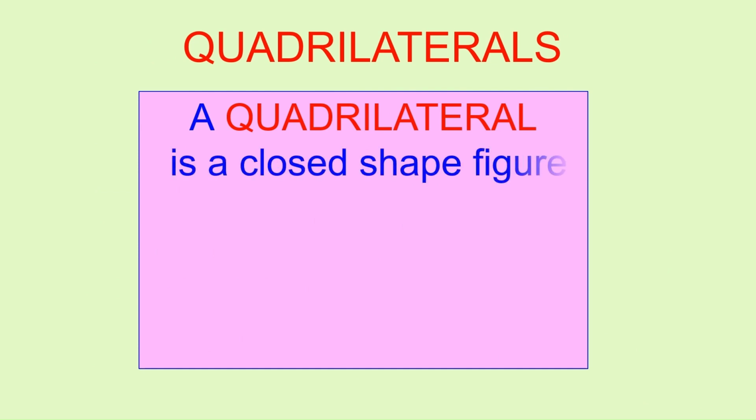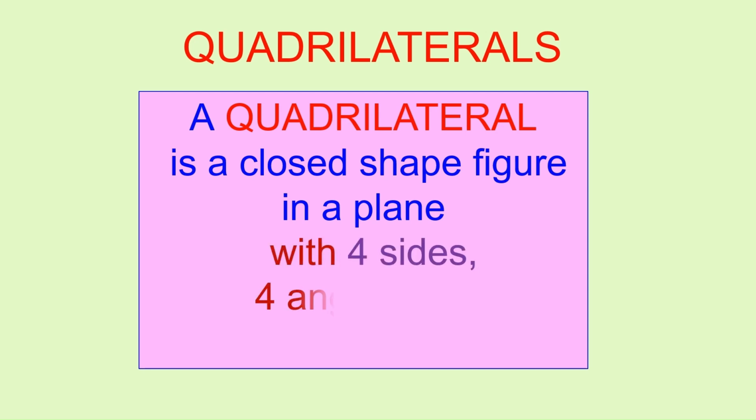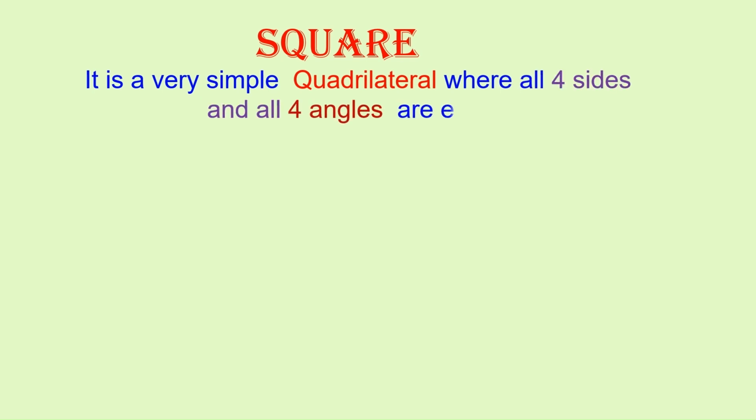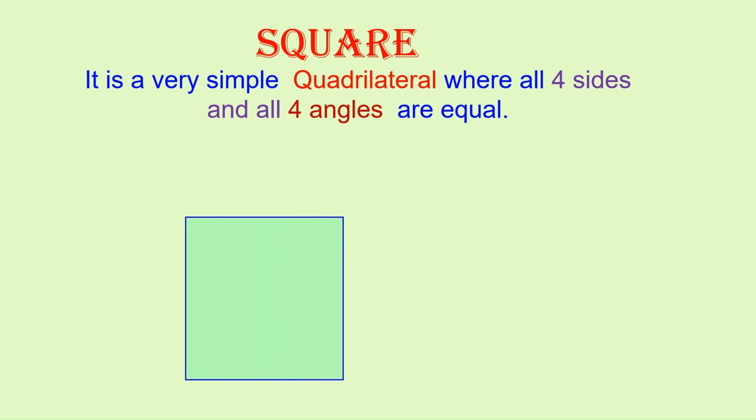A quadrilateral. A quadrilateral is a closed-shaped figure in a plane with four sides, four angles and four vertices. The square. It is a very simple quadrilateral, where all four sides and all four angles are equal.